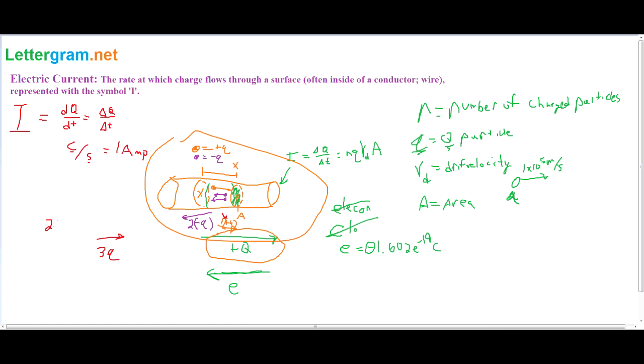Because you're having 2 negative Q going in this direction, and if we're trying to calculate the current in this direction, we'll have this negative right here. And since we're trying to calculate it in this direction, and we have this one positive Q, we have 1 Q, and that'll equal 3 Q.